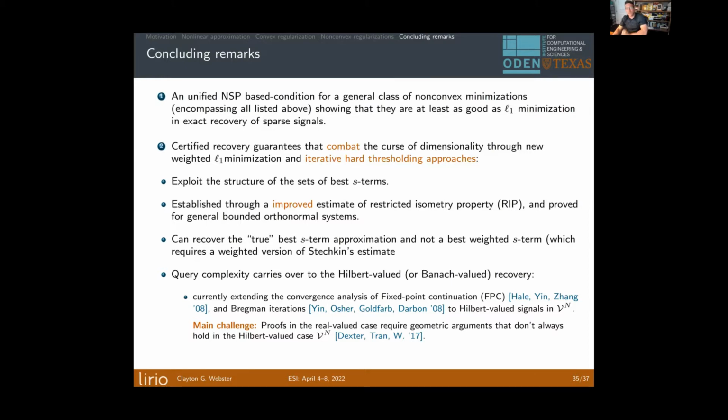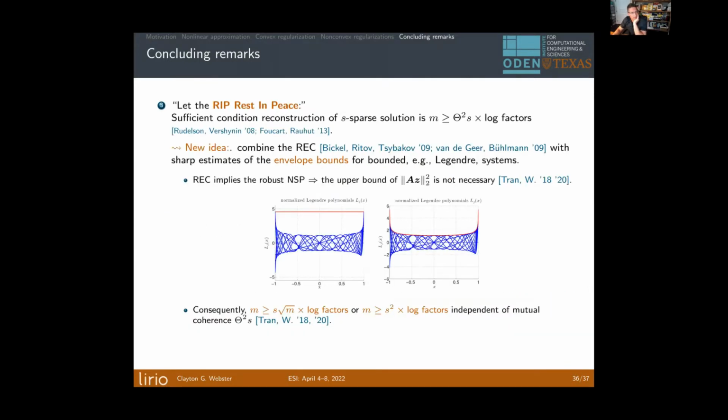And just let me say one last thing about the RIP. I stole this statement from Terry Tao, that is, let's try to let the RIP rest in peace. And we were able to show, in a different set of papers, something interesting.